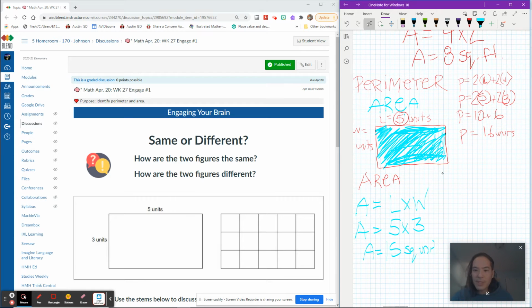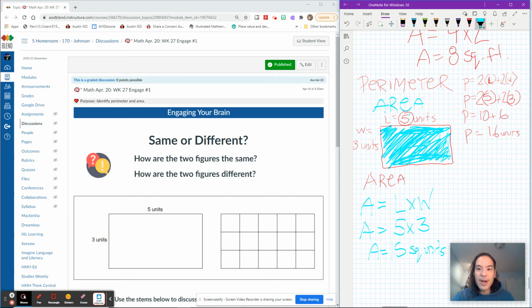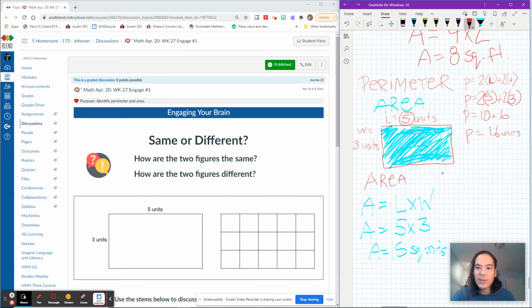And when I say 15 square units, that's why we're looking at the picture on the right. What we need to do is split this into 5 units: 1, 2, 3, 4, 5 units across for my length, and then 3 units wide for my width.